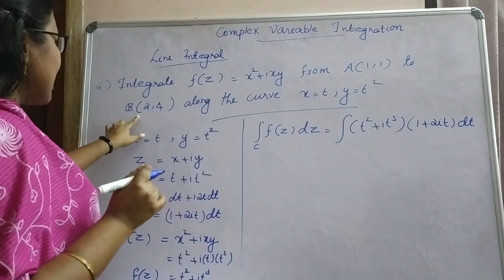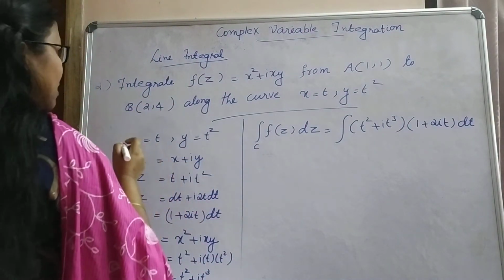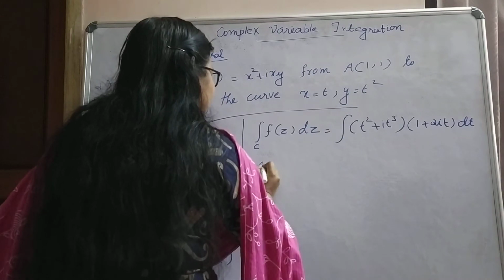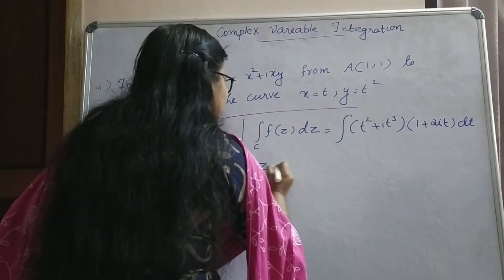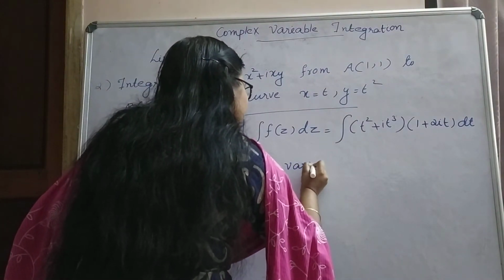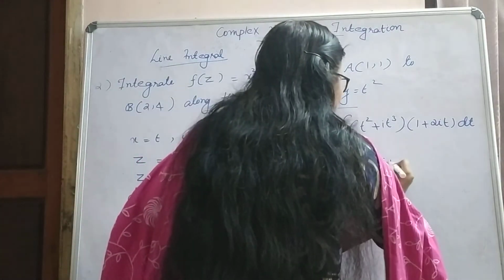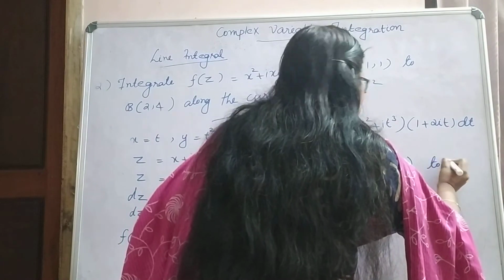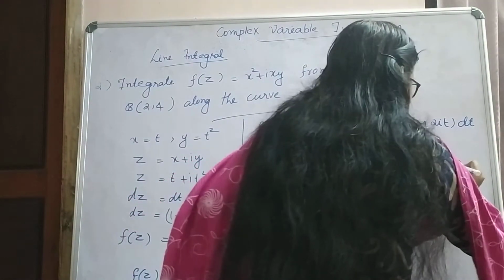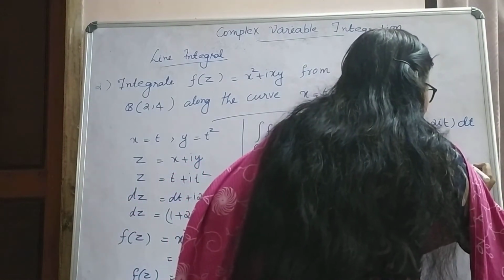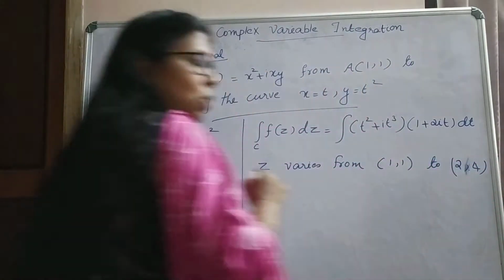Here it is given as z varies from 1, 1 to 2, 4.